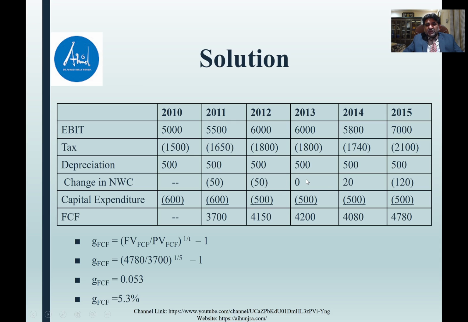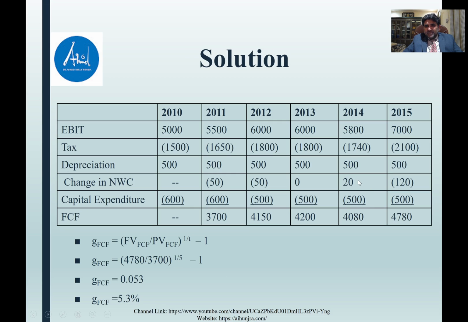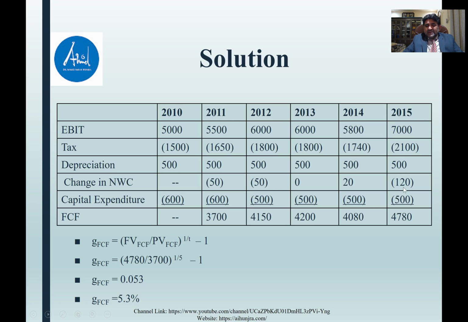The next year is 0, no change, because net working capital of 2012 and 2013 was the same. In 2014 the net working capital decreased by $20. So obviously it's negative, and here we will place it as positive; we will add it here. And the 120 in the previous slide, the change in net working capital of 2015, is a positive value. Once we put it in the formula, it will be negative.